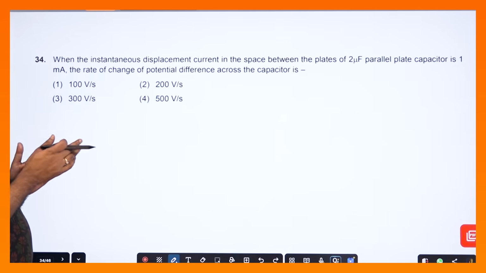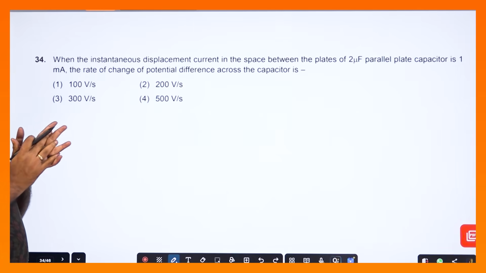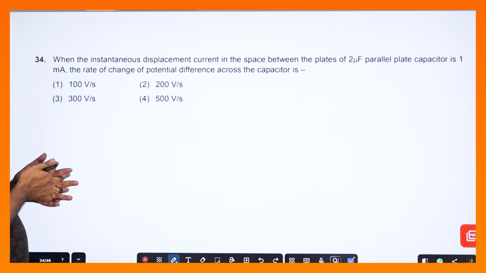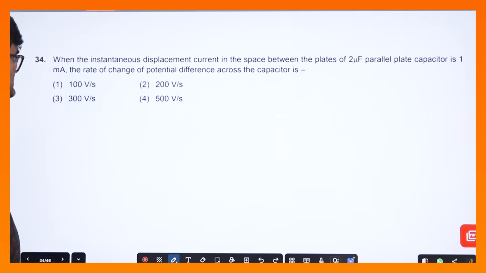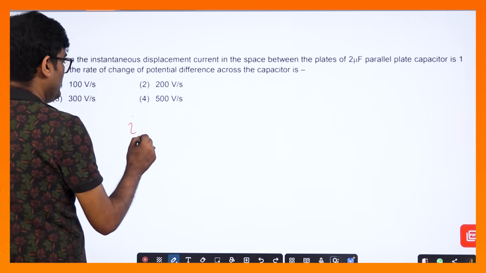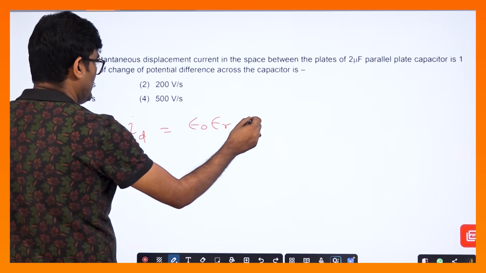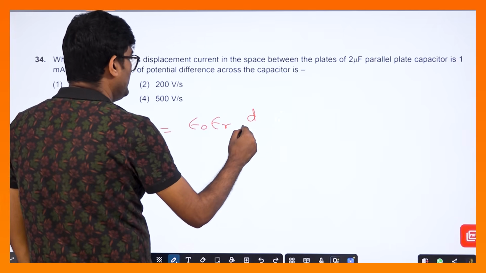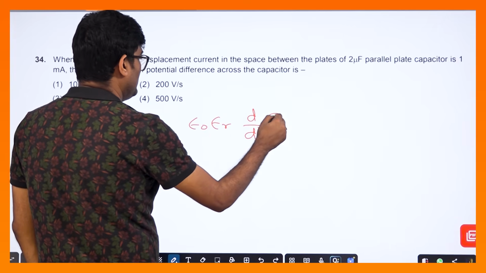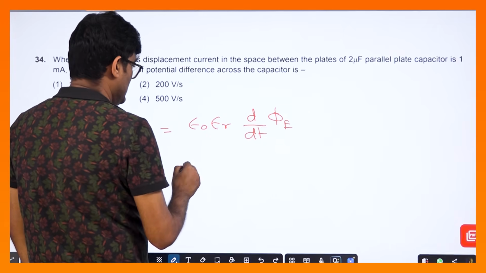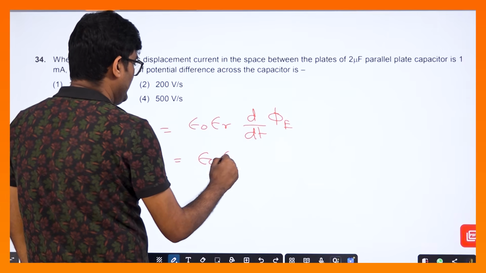When instantaneous displacement current in the space between two plates of a 2 microfarad capacitor is 1 milliampere, find the rate of change of potential difference across the capacitor. What is displacement current? If you remember, displacement current is equal to epsilon naught epsilon r into d by dt of phi e, electric flux.